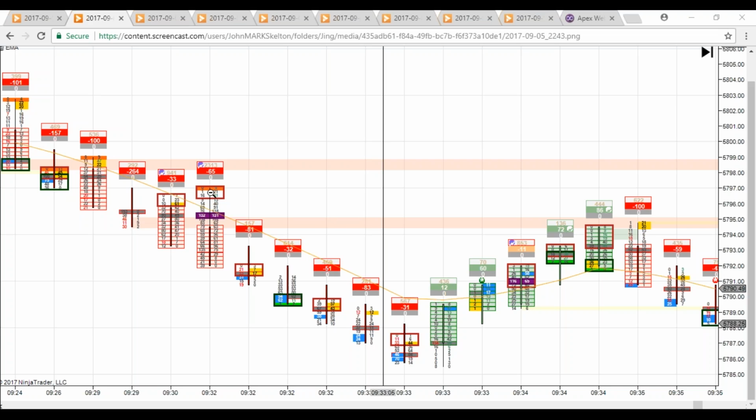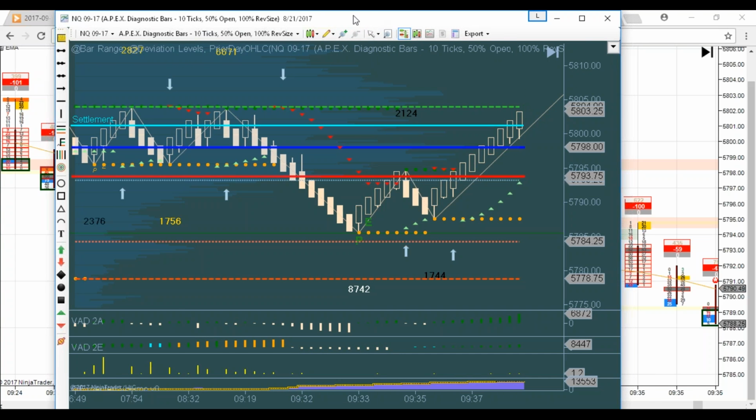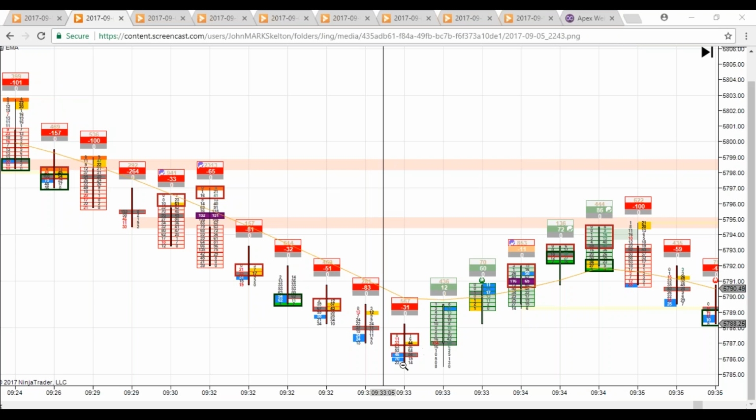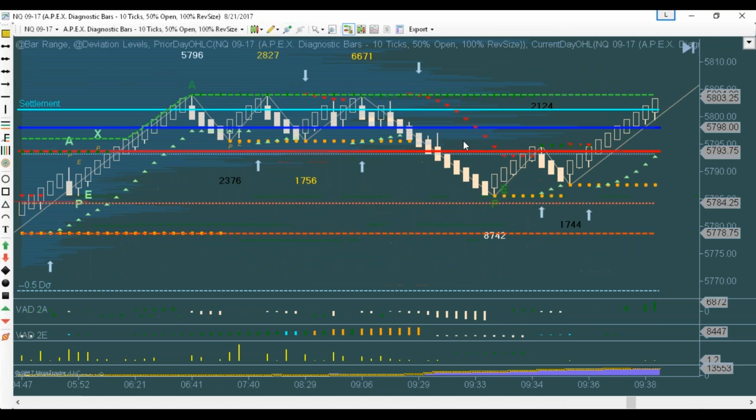The pullback. Great. Then what am I seeing down there? Levels. What do I expect to happen at that level? Got it. When I see that zip down to that level, what am I now totally expecting to happen? What is my reaction, moving my stop? You know all that, right?